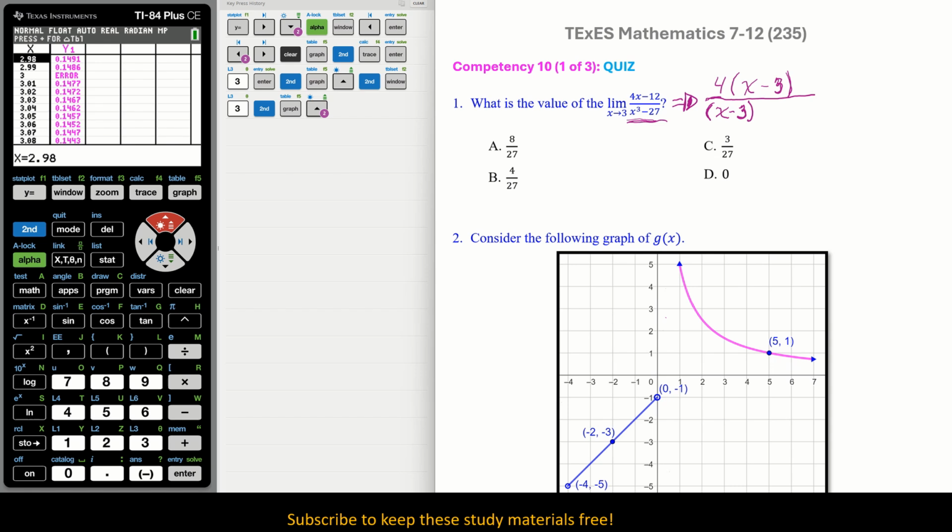Okay. All right. So that being said, the first reason is my calculator shows an error. Okay. So when something is in the denominator, it kind of clues me in, right? Because this would be saying x equals 3. But we can't have x equals 3.